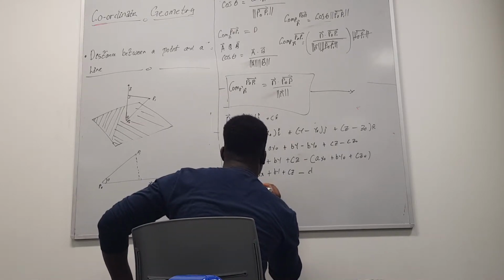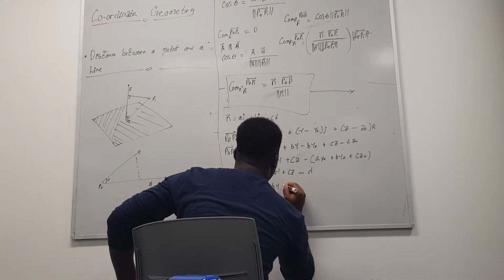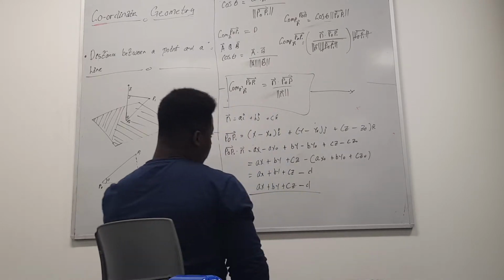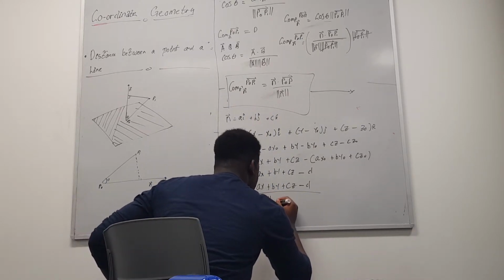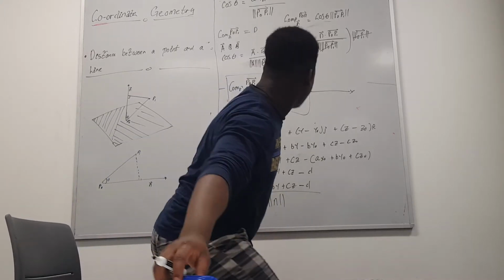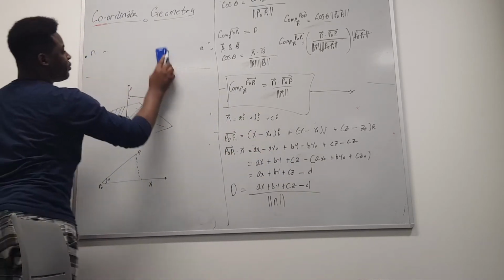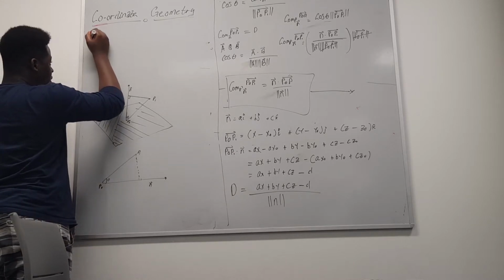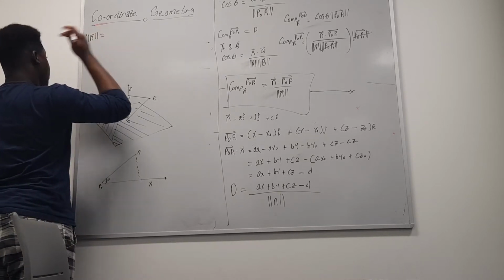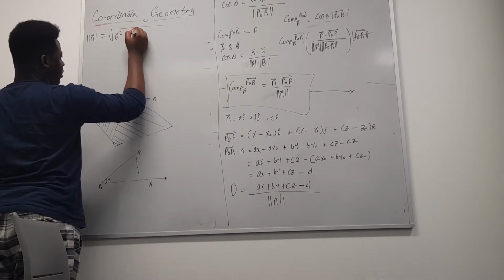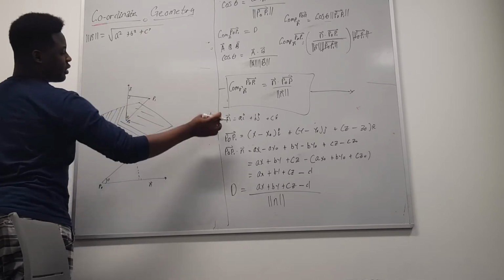So it's ax plus by plus cz minus d, divided by the magnitude of n. This is the interesting part. The magnitude of n is equal to the square root of a squared plus b squared plus c squared, because this is the vector n.